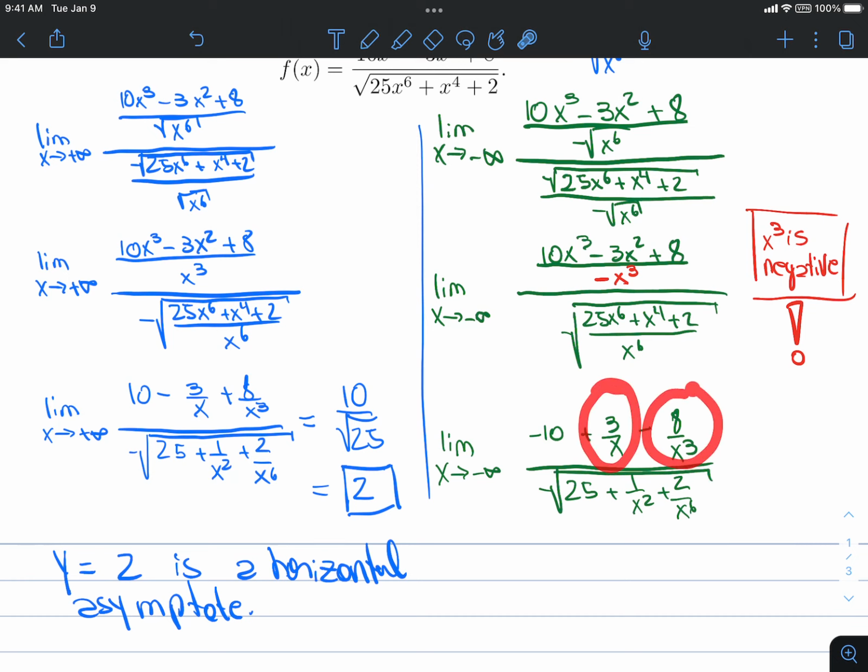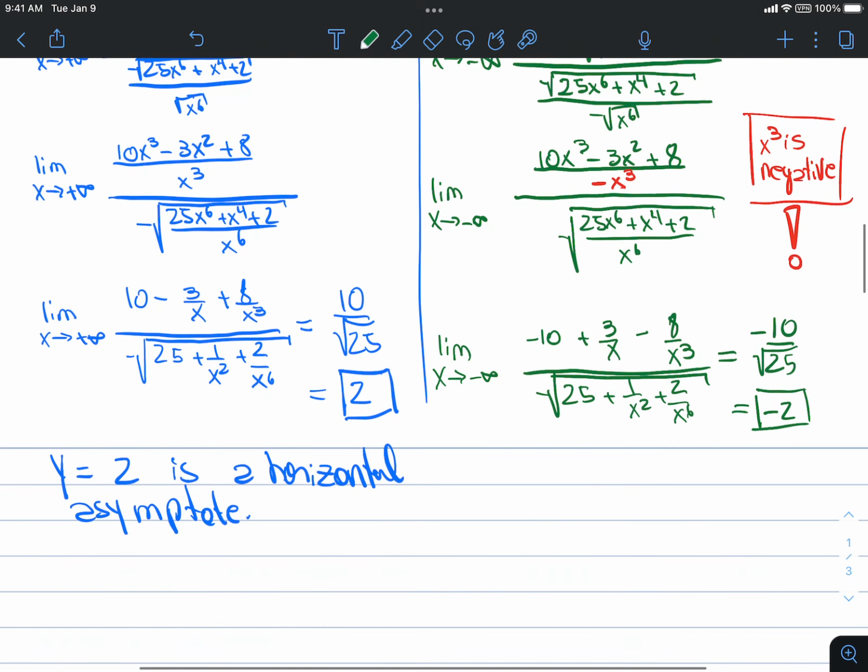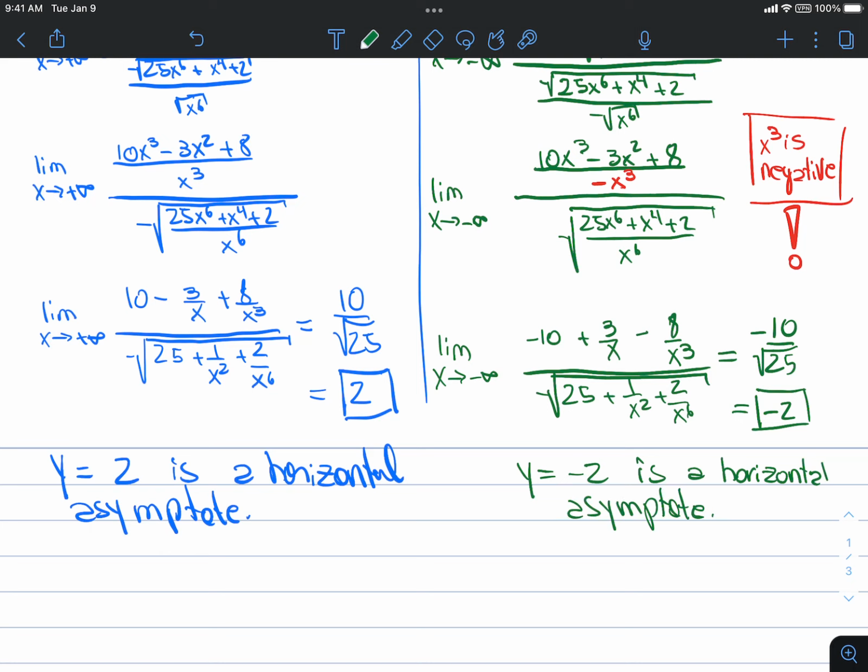This is going to go to 0, this is going to go to 0, this is going to go to 0, this is going to go to 0. So this is just minus 10 over root 25. So that's minus 2. So y equals negative 2 is another horizontal asymptote. So at the end, if you're unsure, you just have to calculate the limits.